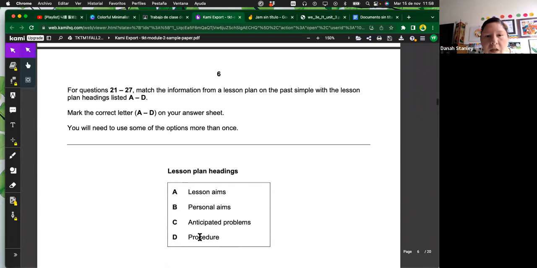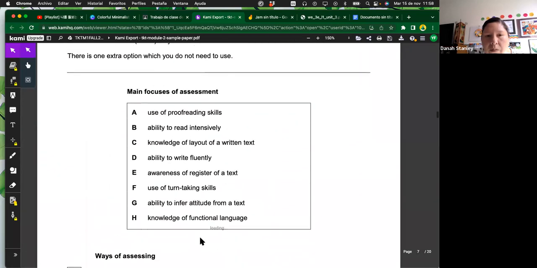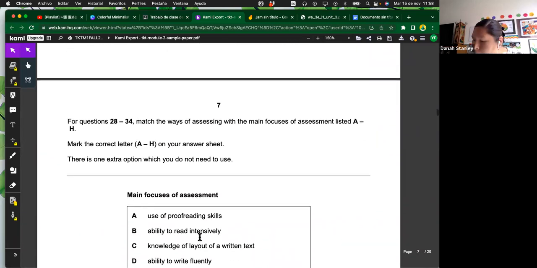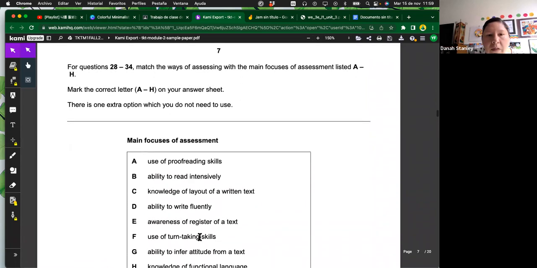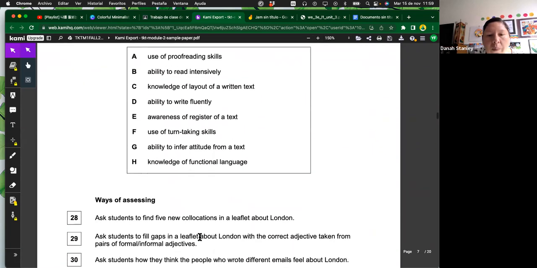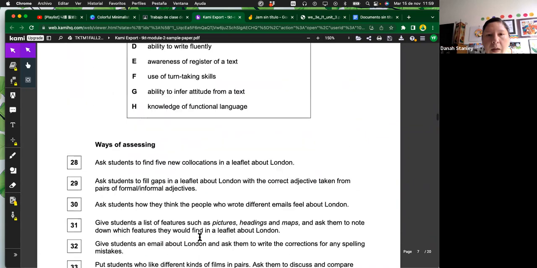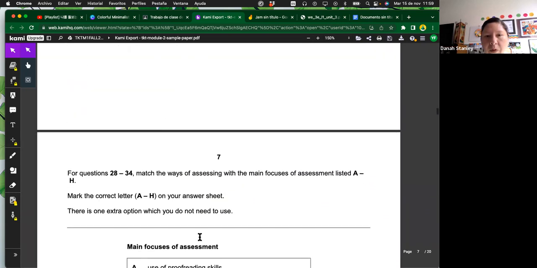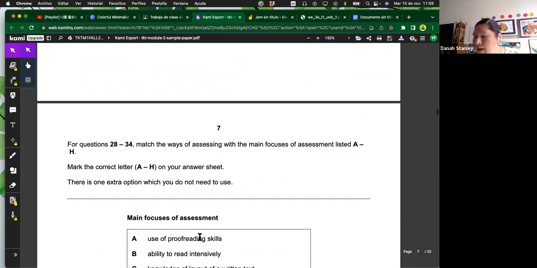La 6 ya lo hicimos. La 7 ya lo hicimos. No. Les voy a pedir por favor que hagan de tarea la 7. Okay, aquí lo voy a anotar. Página 7.